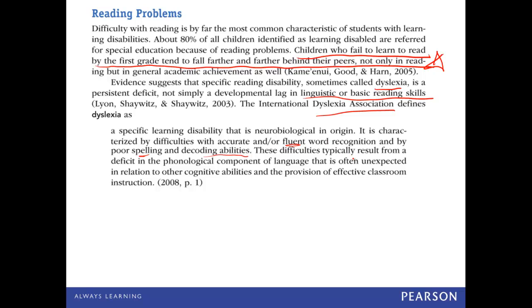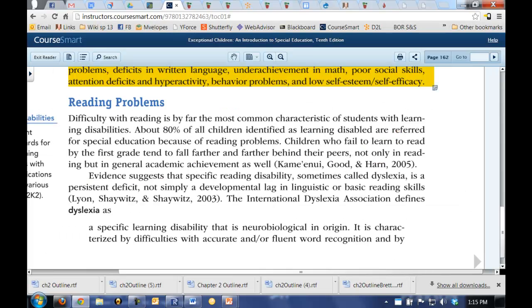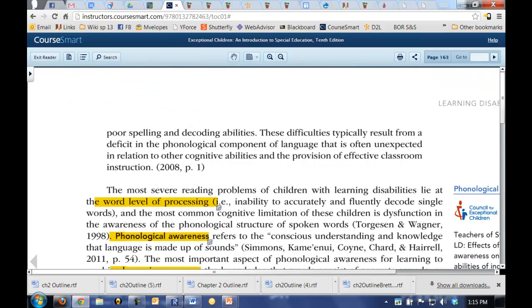These difficulties typically result from a deficit in the phonological component of language that is often unexpected in relation to other cognitive skills. Effective classroom instruction. So that reading is 80%. Here's dyslexia. It gives you that.